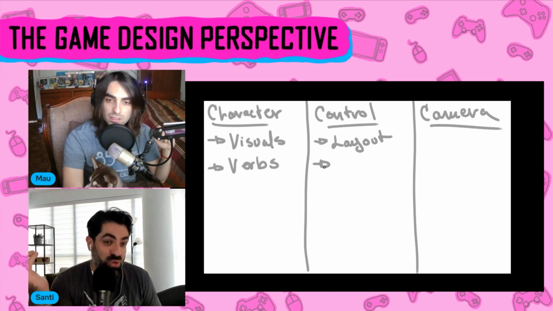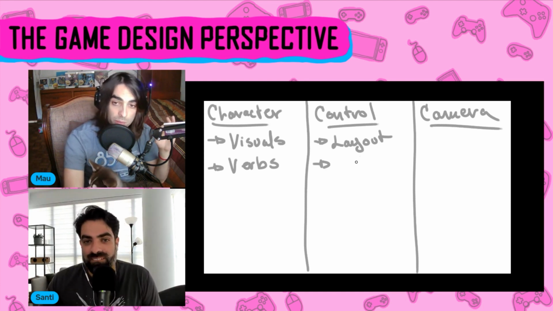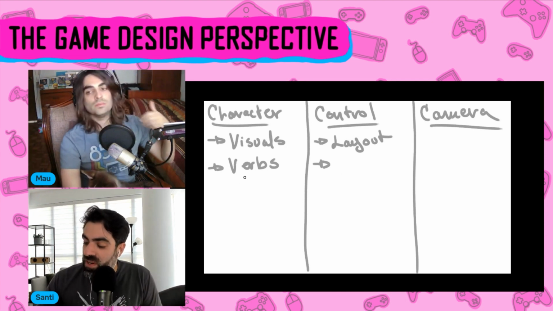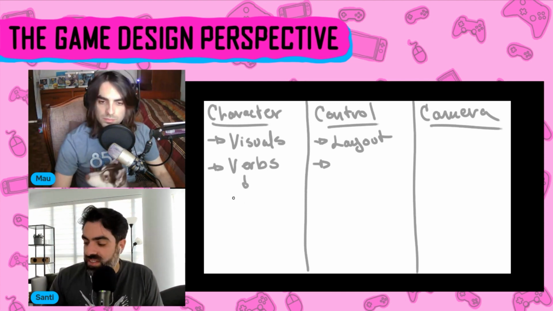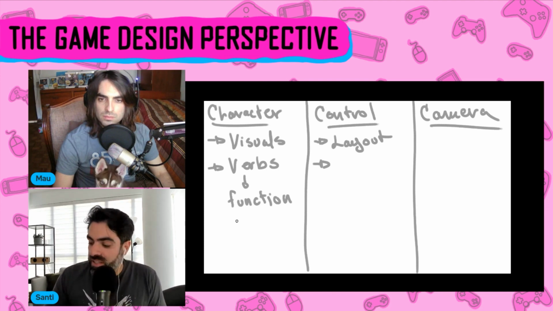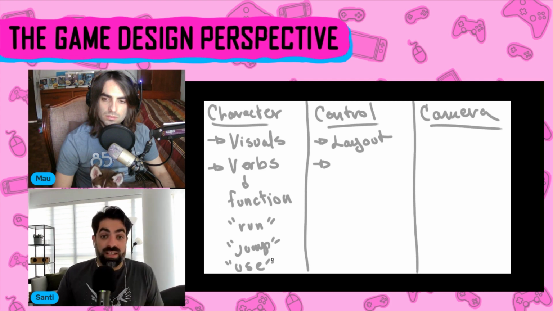And it's like, what can you do? What can you do in this fight? And some classes or jobs have their own verb. So these verbs dictate the function of your character, right? What can they do? They can run, they can jump, they can use, these are examples, right?